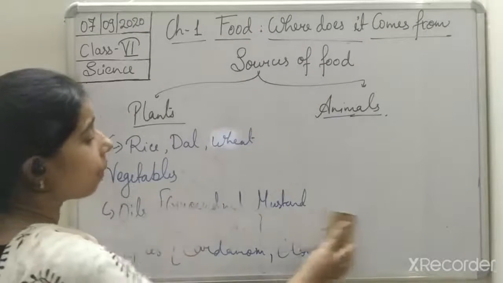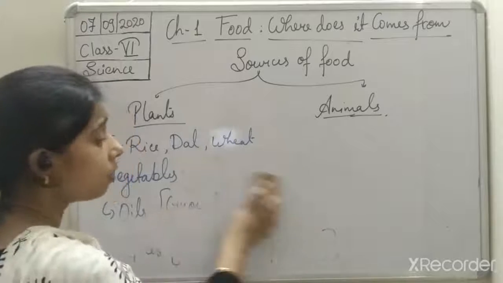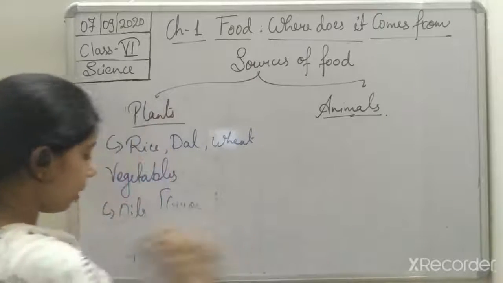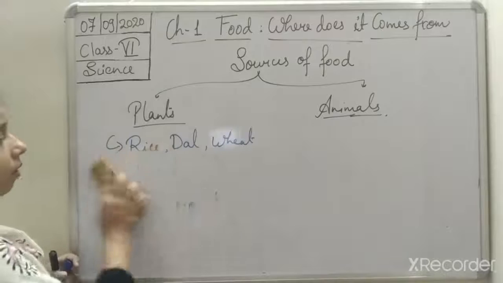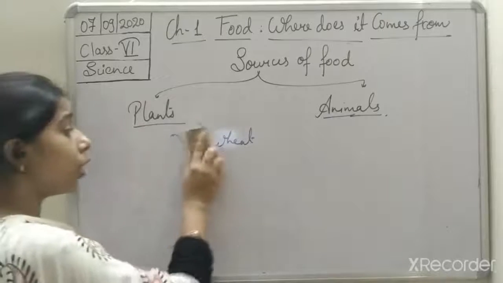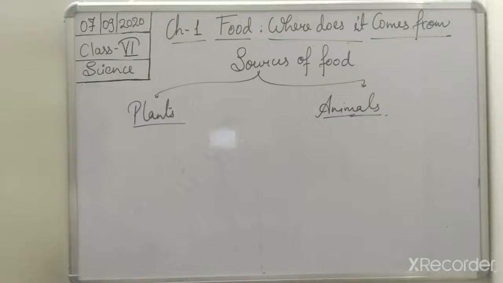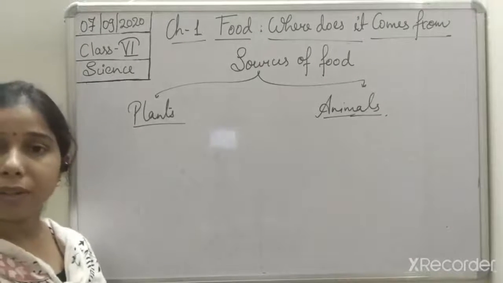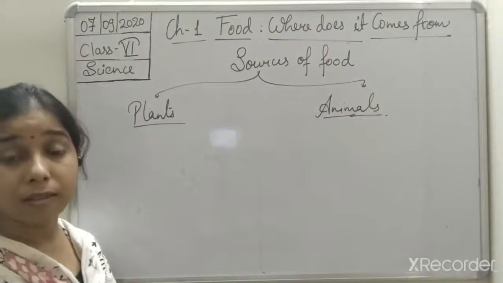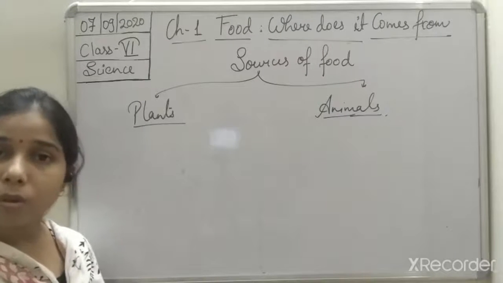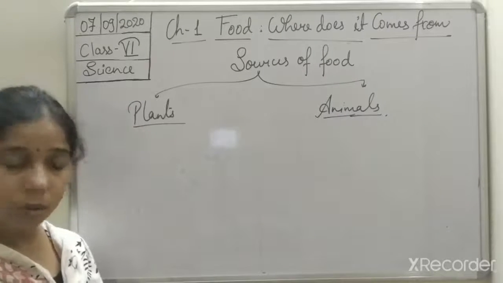Now if we talk about animals, students, animals are also a good source of food. Not only do plants provide food to us, but animals also provide food to us. How?